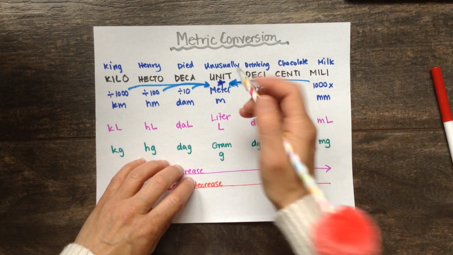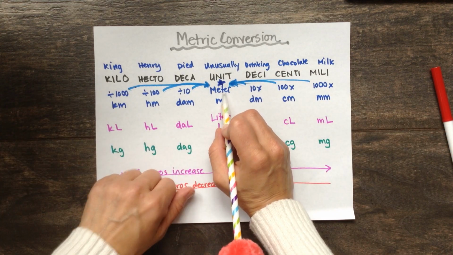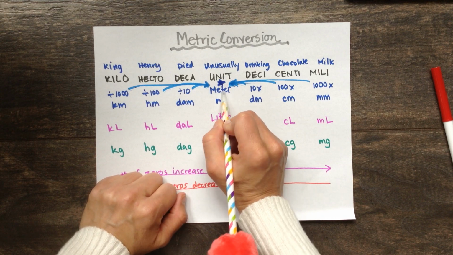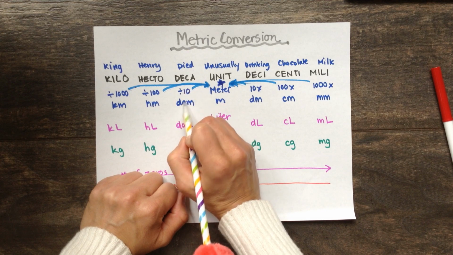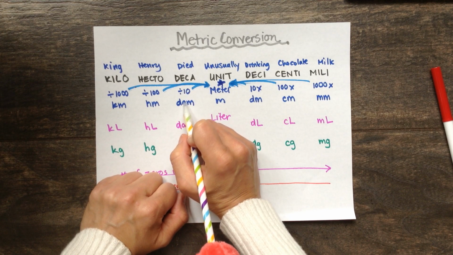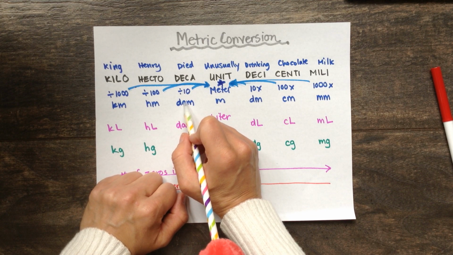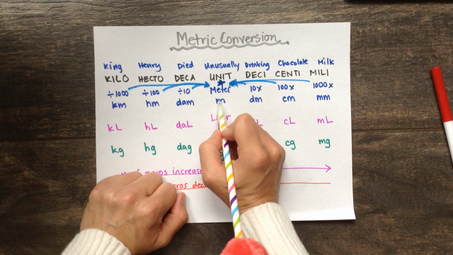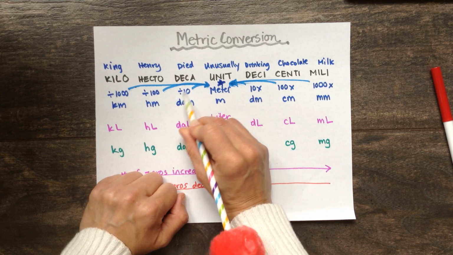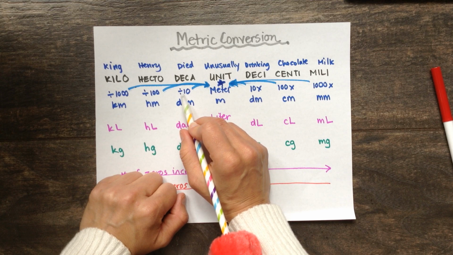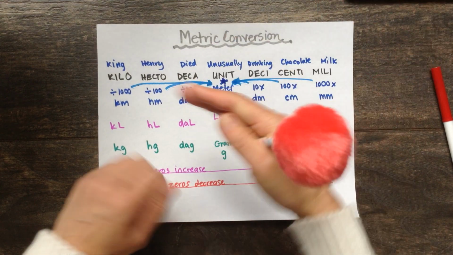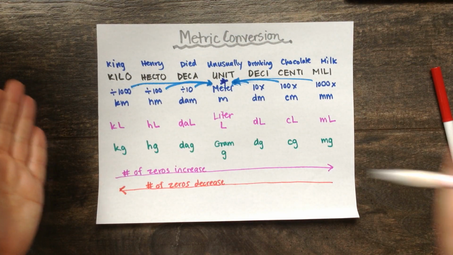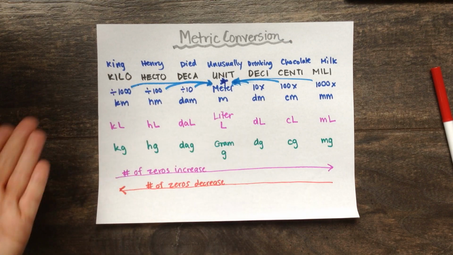Let's go basic. If I had 10 meters and I divided those 10 meters by 10, that's going to give me 1 decameter. If I had 40 meters, and I divided 40 by 10, that is 4. That means I have 4 decameters, because with 40 meters lined up, I can break them into groups of 10 and I'd have 4.